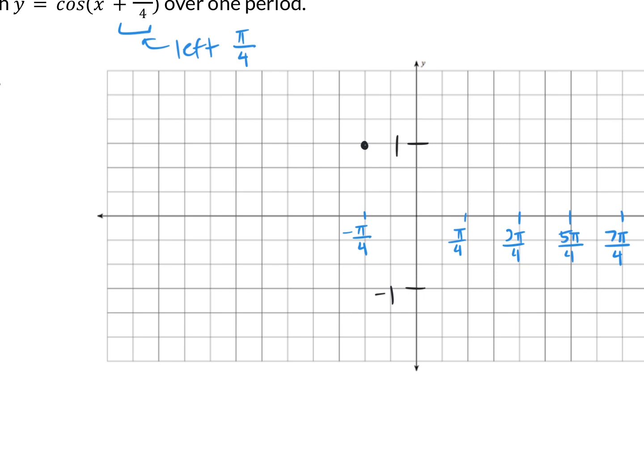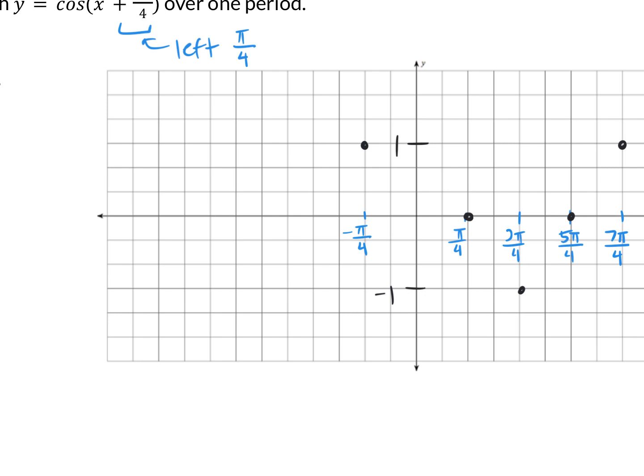Oh wait, what did I do? You don't have 0, 0 anymore. Thank you. I was like, something is wrong. Okay, so then I need to go here. My scale's a little off. What am I doing? This needs to be here. And then this needs to be at -1, 0, and here.